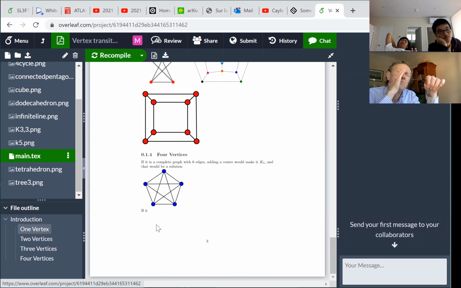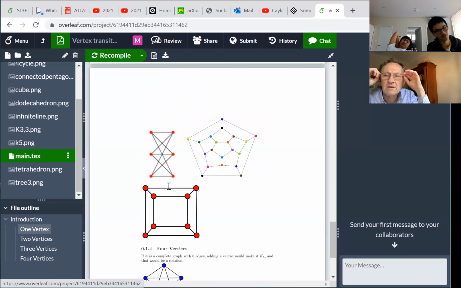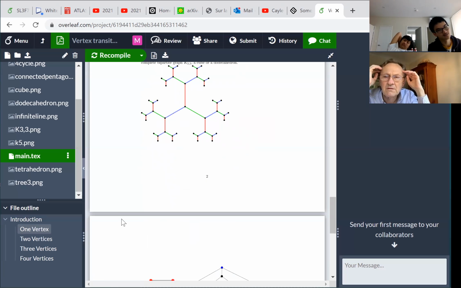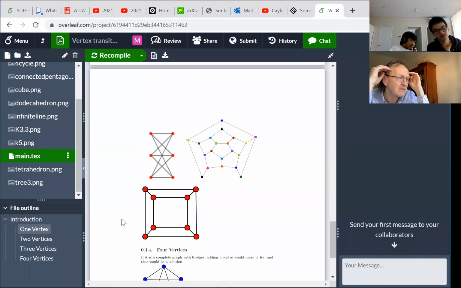So for the 3 vertices that are not connected, are there any other graphs that they can extend to?